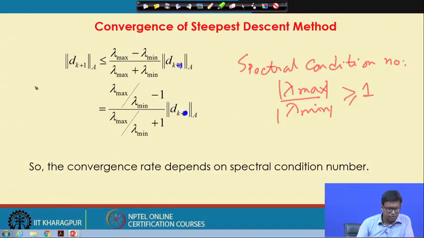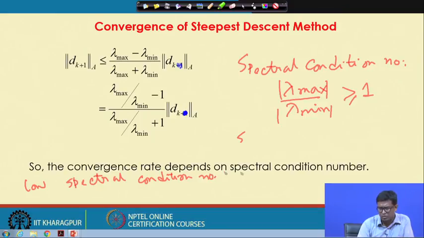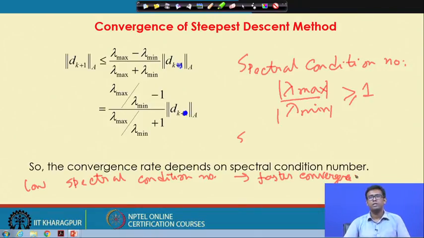So, the convergence rate depends on the spectral condition number; a low spectral condition number means faster convergence. When discussing the condition number, we have discussed that if the condition number is small, then the convergence is faster.